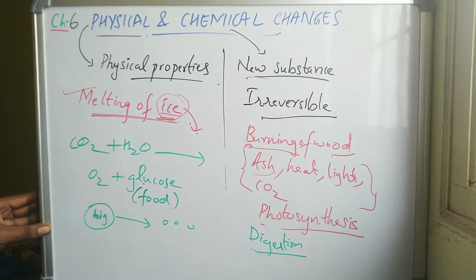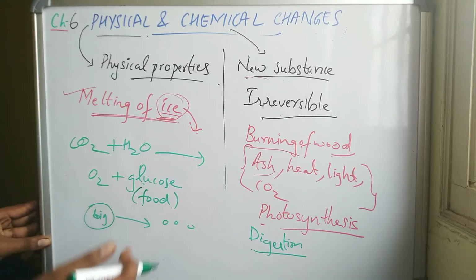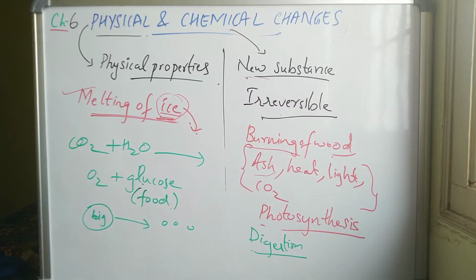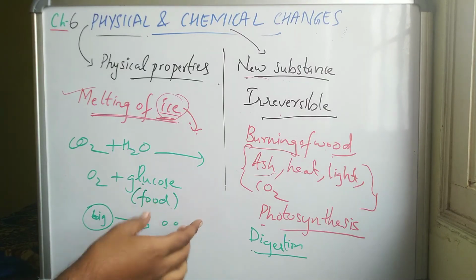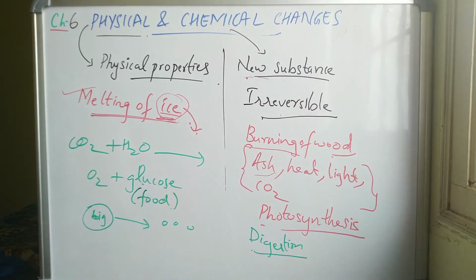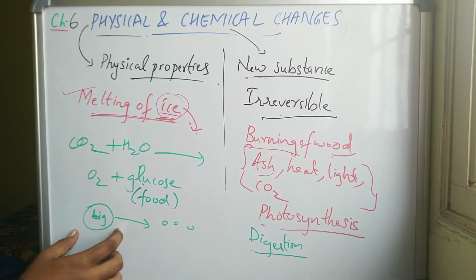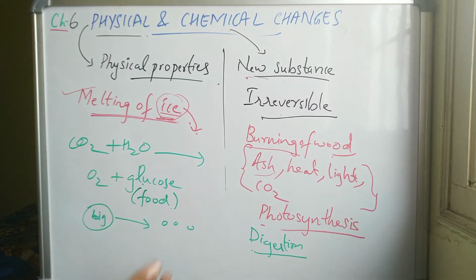That is digestion. So digestion is also a chemical change because new substances are formed. First it mixes with saliva, goes into the esophagus, reaches the stomach and converts into small particles, enzymes also mix with it, and absorption takes place. So that is the digestion process.